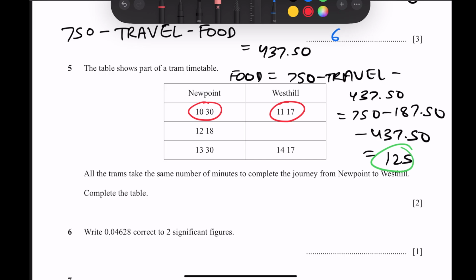So 11:17 minus 10:30 is 47 minutes, and 14:17 minus 13:30 is 47 minutes. As we can see, the same number of minutes, which is corroborated by the fact that these two are the same number. So to complete the table, we have to find the time that the tram reaches West Hill if it leaves New Point at 12:18.